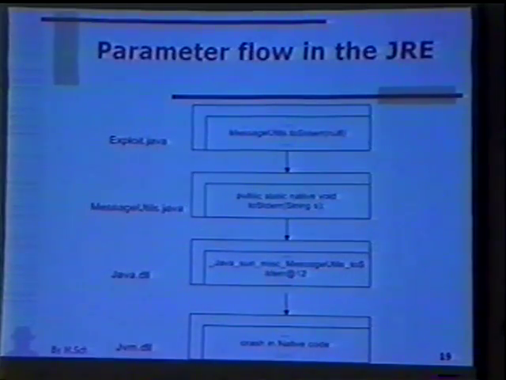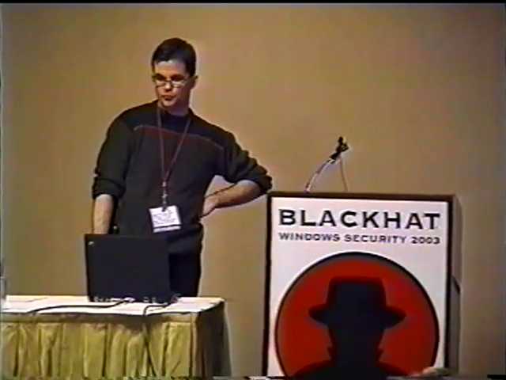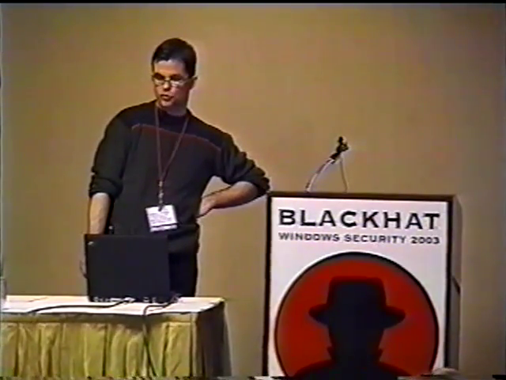And in the Sun implementation, there's some native declaration, and this native declaration, like we saw before, has a corresponding export entry in the Java DLL, Java_sun_misc_MessageUtils_toStderr with the number 12, and that directly calls into the JVM. So there's no protection against this null value, and this null value is causing bad stuff in the JVM and is stopping it.